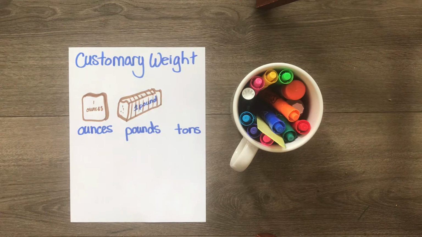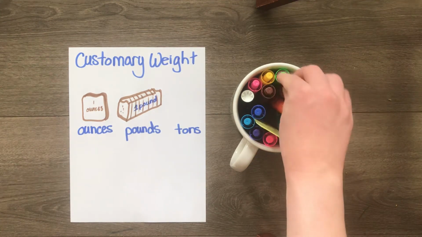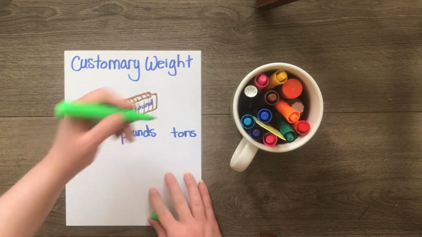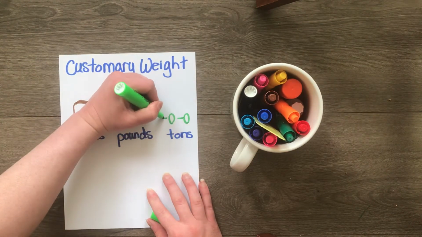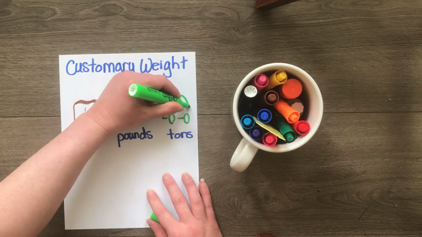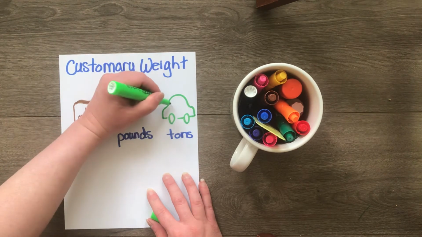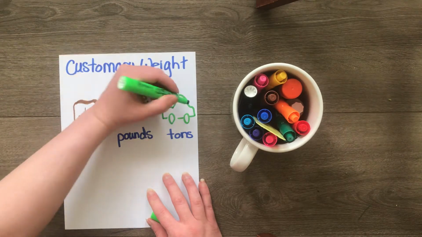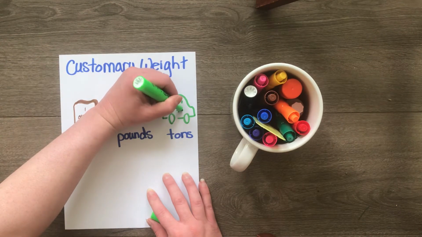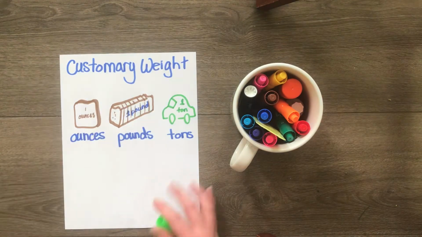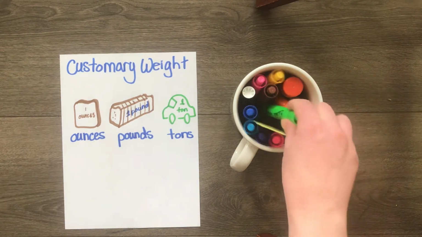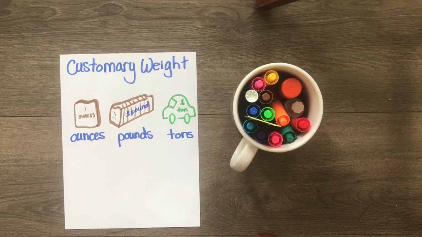Now, as far as tons are concerned, I bet you're shouting out things that you know about right now, and I'm going to do the best I can. Guys, a small car actually weighs 1 ton. The example that I researched was a 1979 Volkswagen Beetle. So a small car is actually 1 ton.